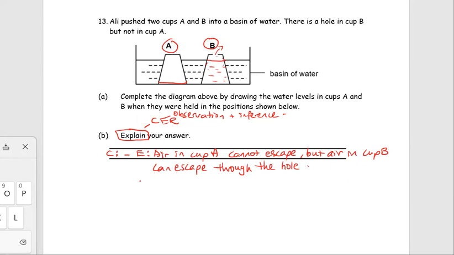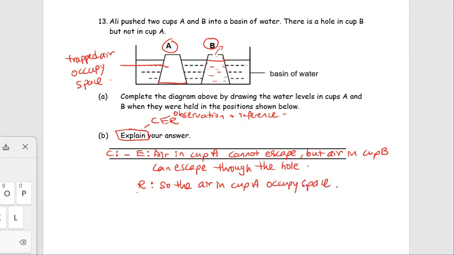So reason R is the property, right? What is this testing us on? The key property it is testing us on is air occupies space. This is the trapped air, right? The trapped air in it occupies space. So the air in cup A occupies the space.